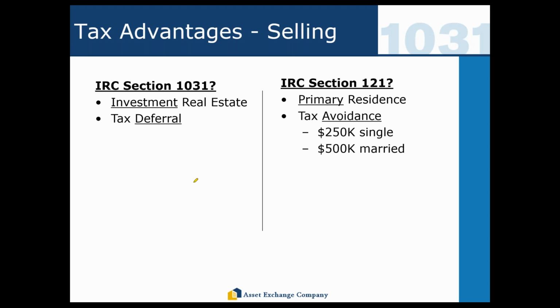When you kick the bucket, your basis steps up to fair market value. So if you bought the property for $100,000 and it is now worth $5 million, the difference for you is gain, and that's taxable.